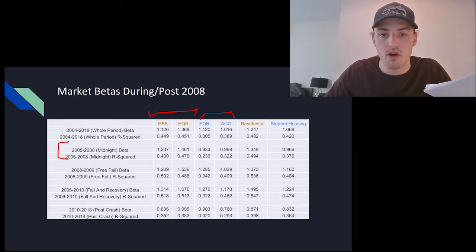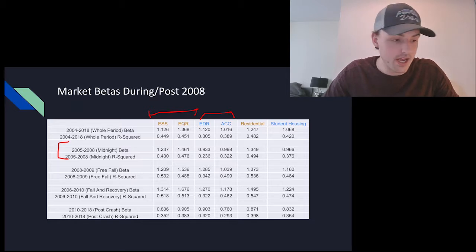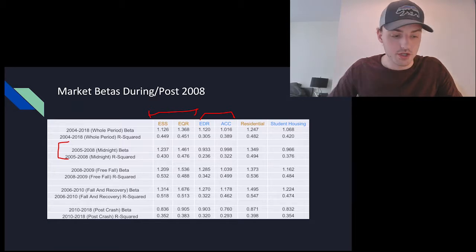So it was more volatile during this period, and more volatile in a generally positive direction because there was a bull market going on. So variance between residential betas and student housing might indicate that additional return was coming from speculation in the residential product market.